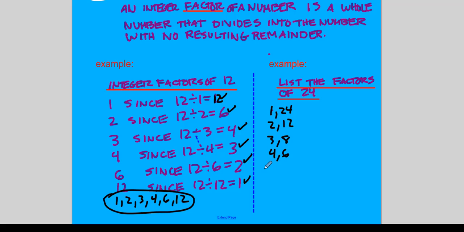So now the factors of 24 would be 1, 2, 3, 4, 6, 8, 12, and 24. Those are the integer factors of 24.